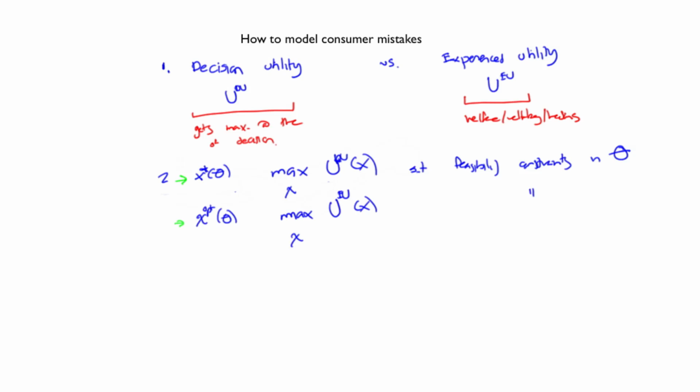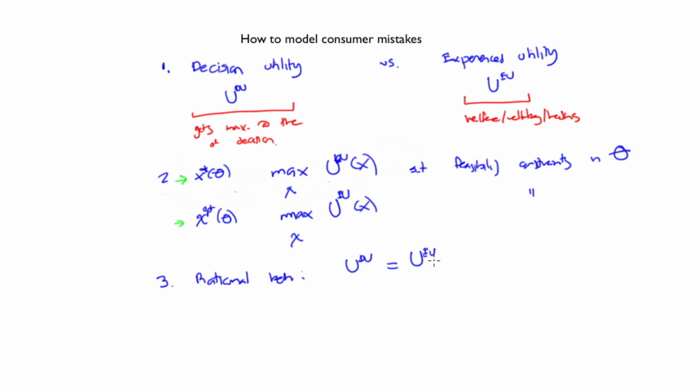Now, based on this, with this object, we can talk about what rationality and mistakes are. So 3, rationality, or rational behavior, means that the decision utility that gets maximized is actually the experience utility.